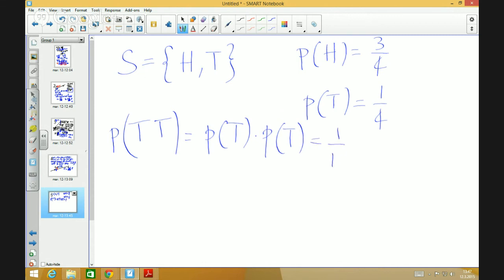And it's actually a very low probability because the coin is very biased. It's extremely unfair. If you throw it, head comes out 3/4 of the time. So if you get 2 tails in a row, you're extremely lucky.